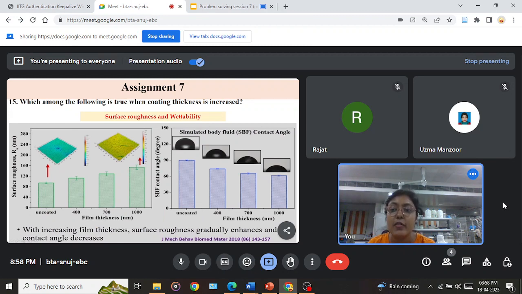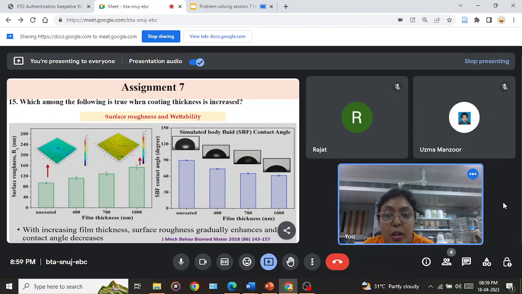As you can see from the first graph, which is surface roughness versus film thickness, for the uncoated material the surface roughness is the least, whereas as the film thickness increases, the surface roughness reaches around 160 nanometers. So as the film thickness increases, the surface roughness increases.